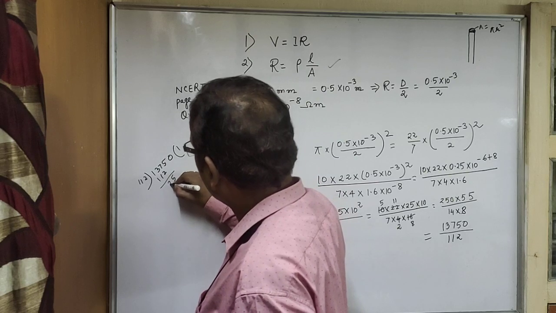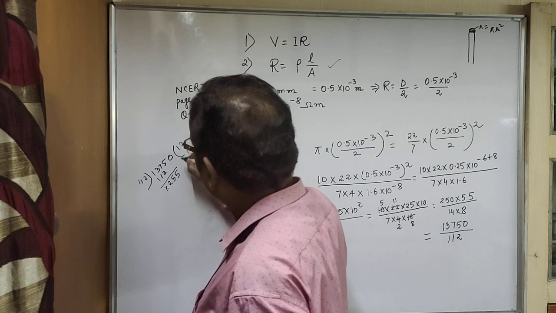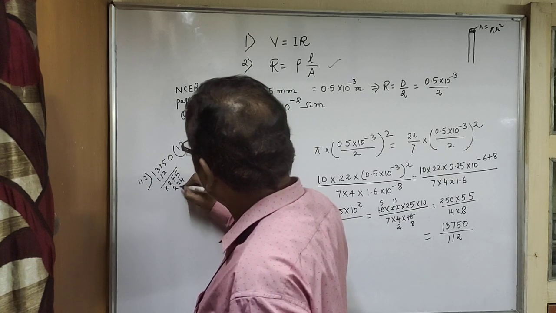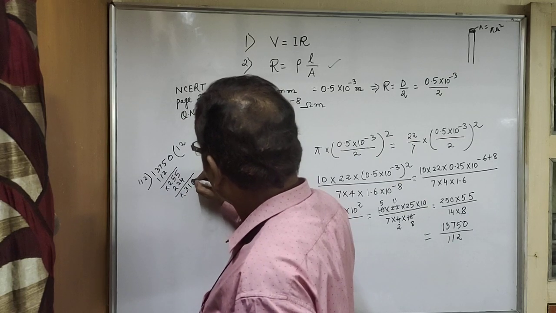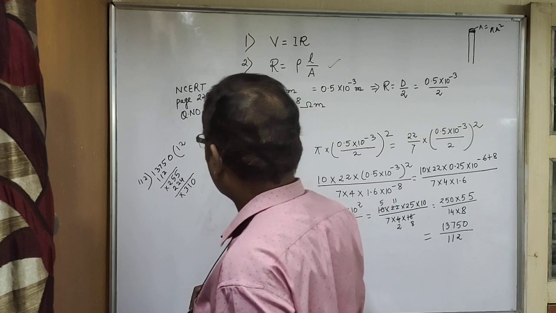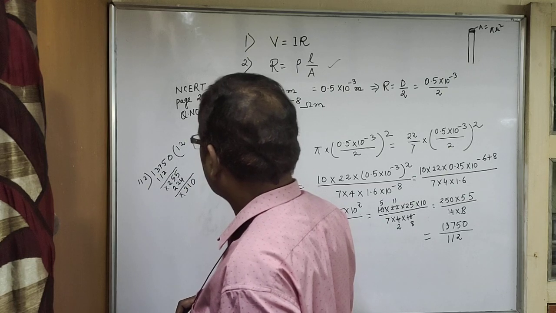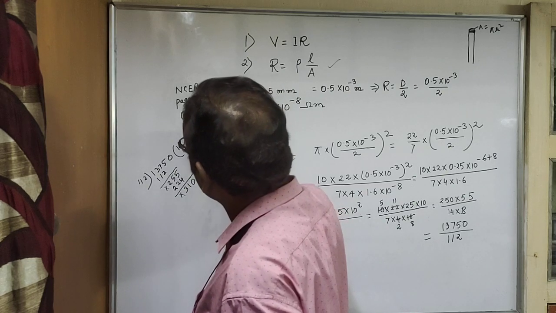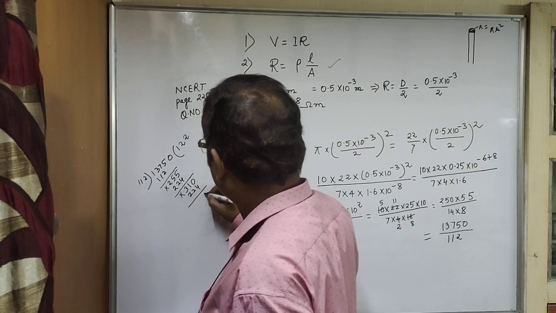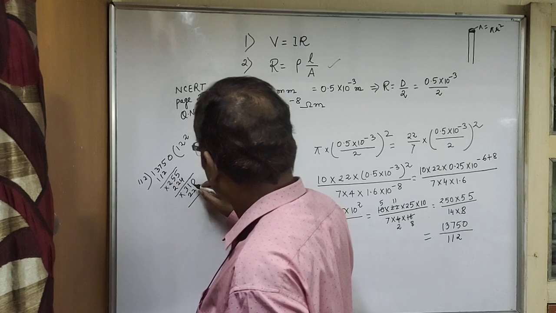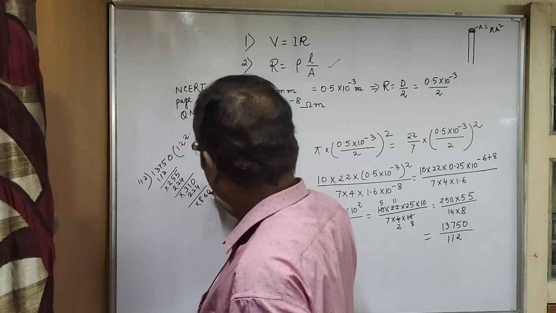Then 5 2 again will be 2 times, so 224. And then how many times? If we take 3 times, then it will be more. So again 2 times, so 224. 86. Now put a decimal.